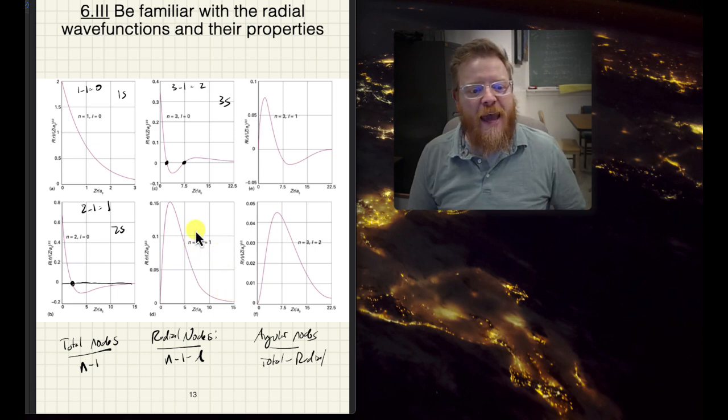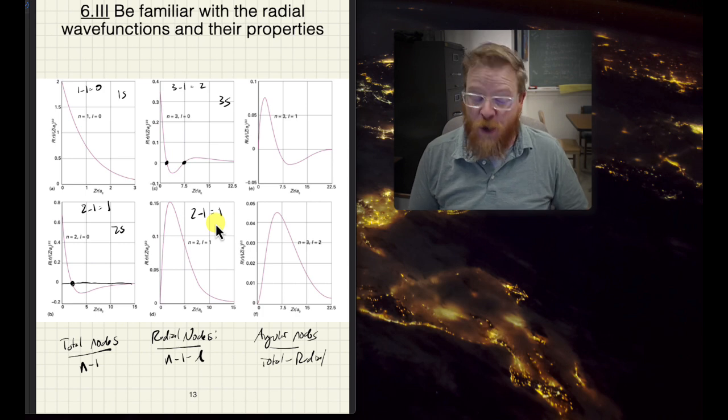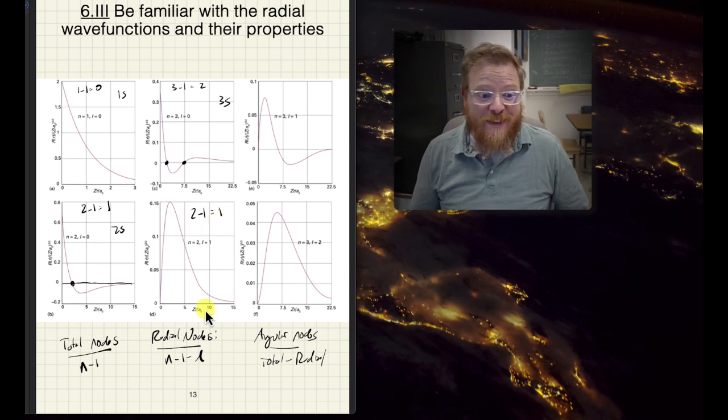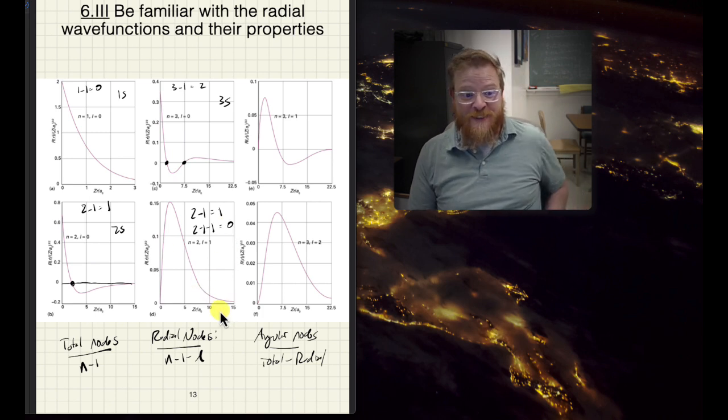So now looking ahead at n is 2 and l is 1, we are going to have in my total nodes 2 minus 1 equals 1 total node. We don't see that given on the radial profile, and that's because it's 2 minus 1 minus 1 for our radial nodes, which equals 0.